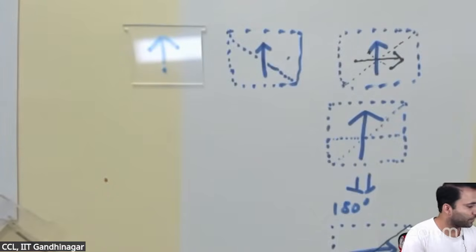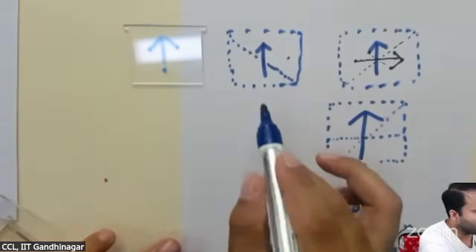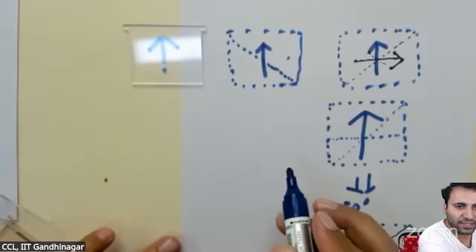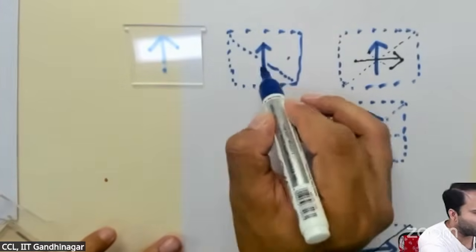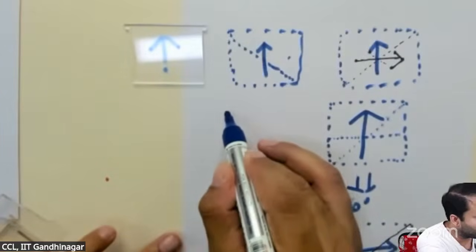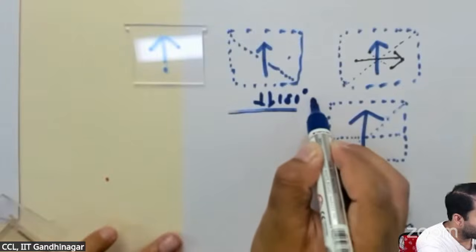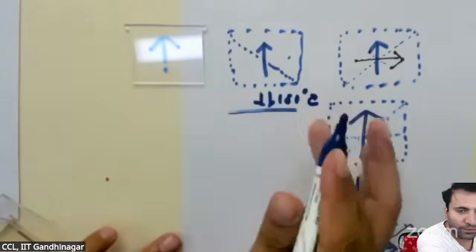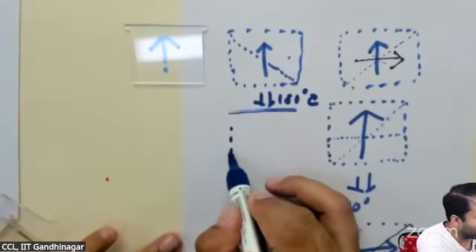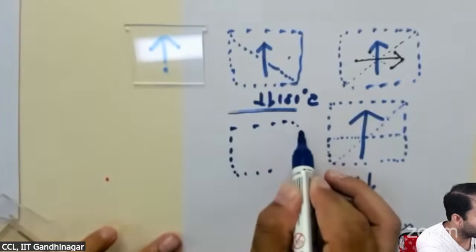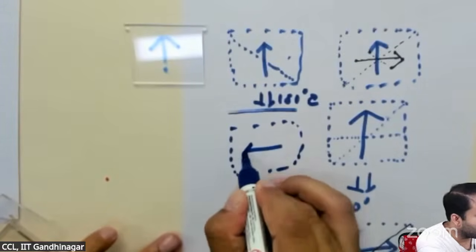So in that case, it will be towards the, यहाँ पे करेंगे, 180 degree turn करेंगे, so it should point towards the left hand side.